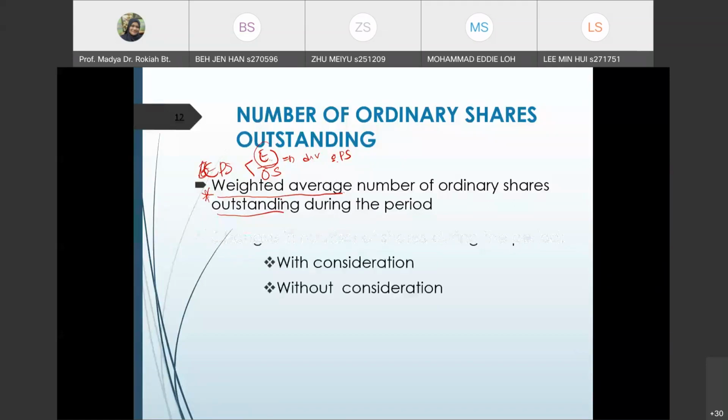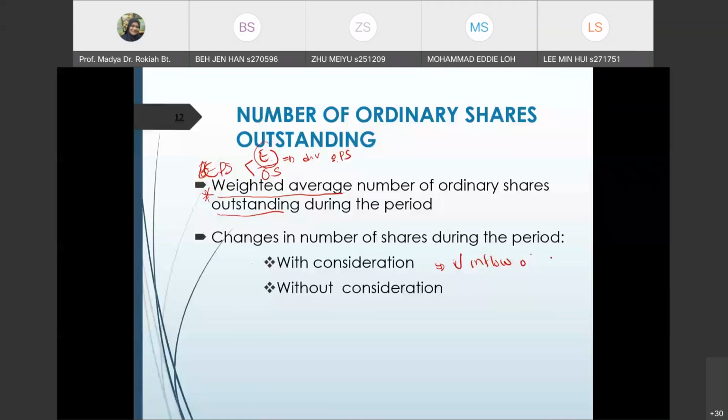With consideration means that there is an inflow or outflow of net asset, or simply, an inflow of cash, only involving cash. Without consideration means that there is no inflow or outflow of net asset, which means that there is no cash involved.